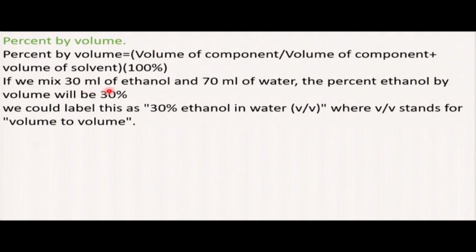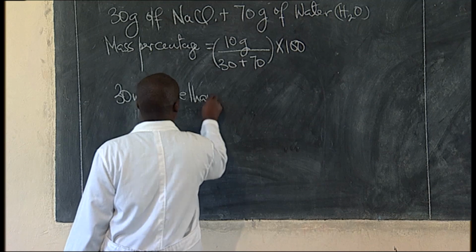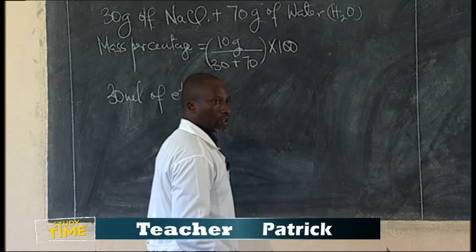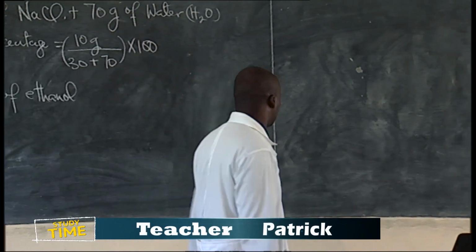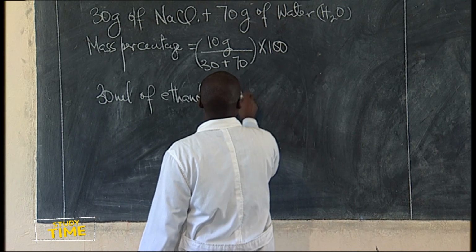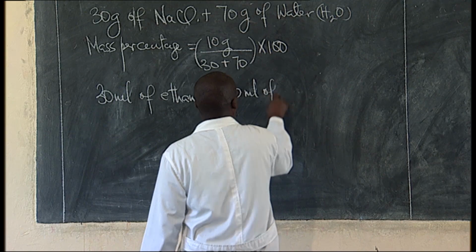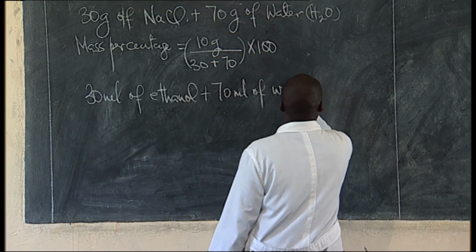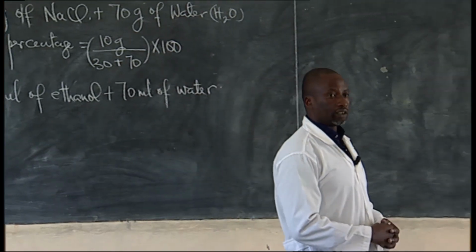We mix 30 milliliters of ethanol with 70 milliliters of water, not grams, milliliters of water. They are mixed together.